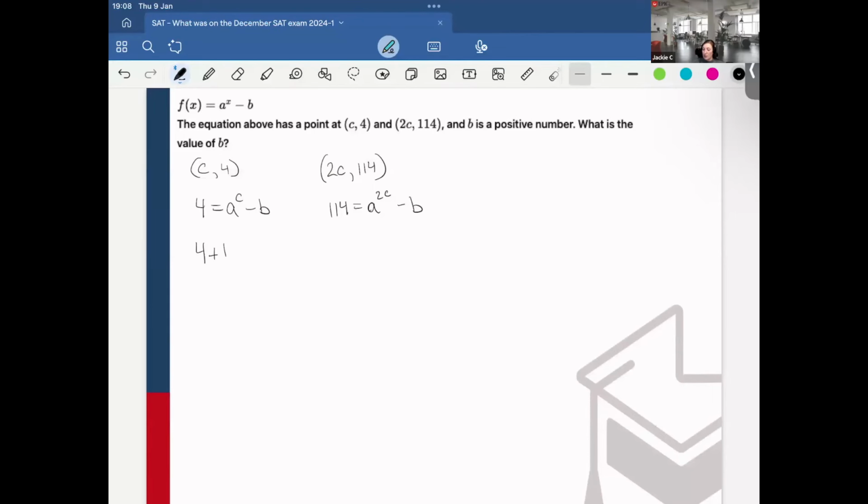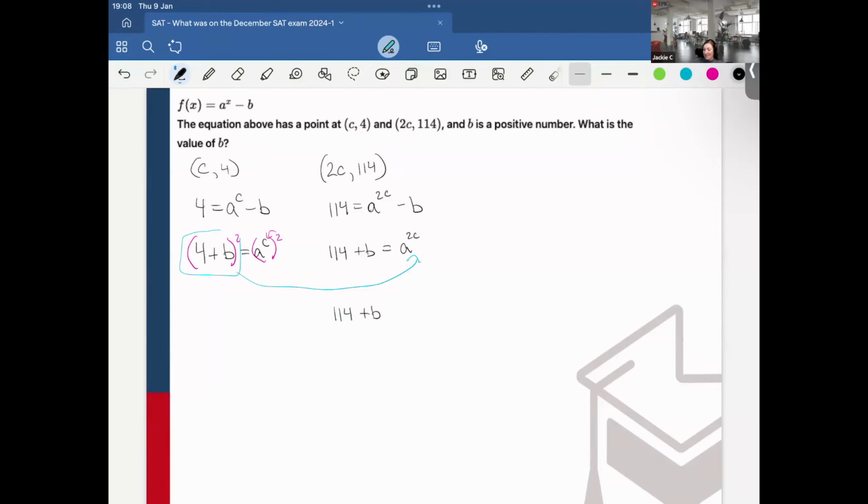So sorry, 4 plus b is equal to a to the c. And then 114 plus b is equal to a to the 2c. Then I'm going to square each side. Why am I doing that? Because if I do that, then this becomes a to the 2c. And then I can substitute this in here.